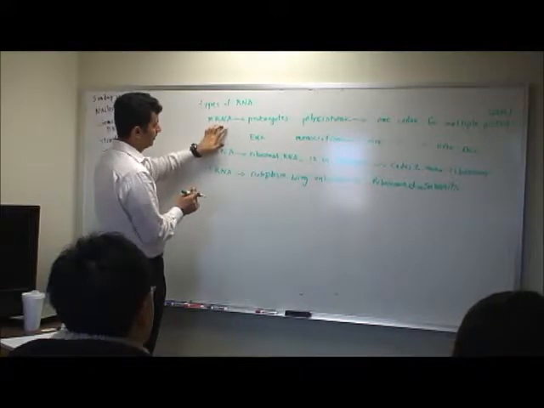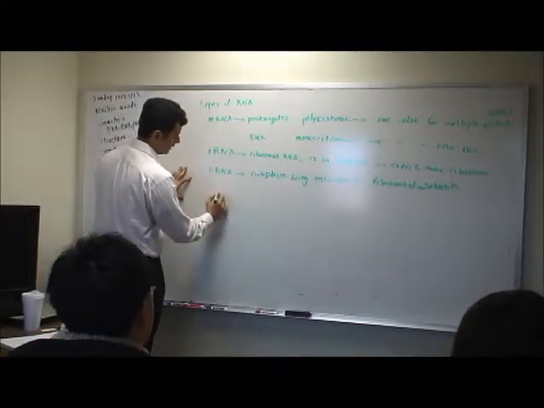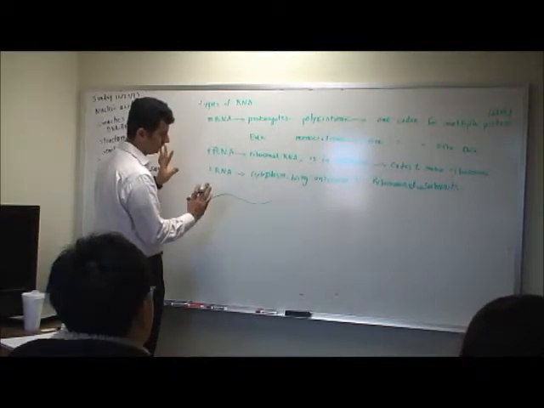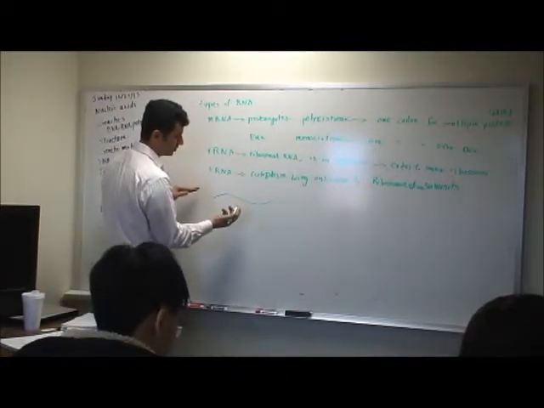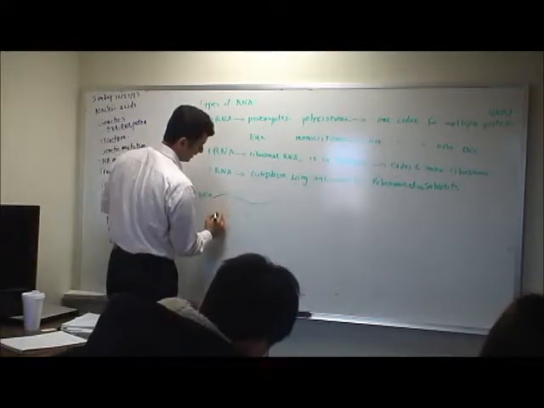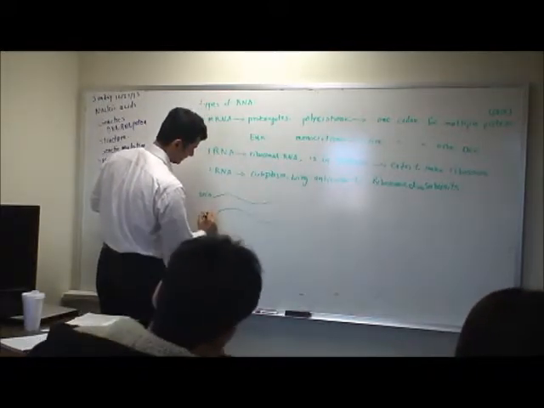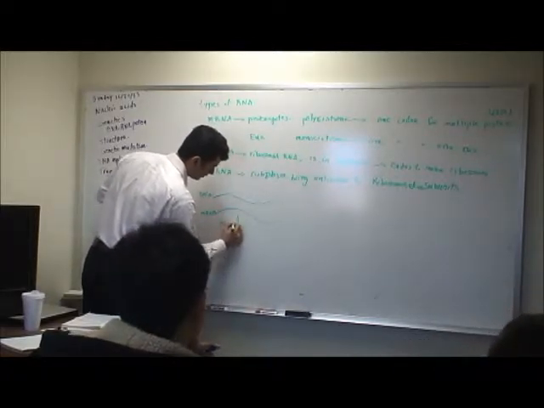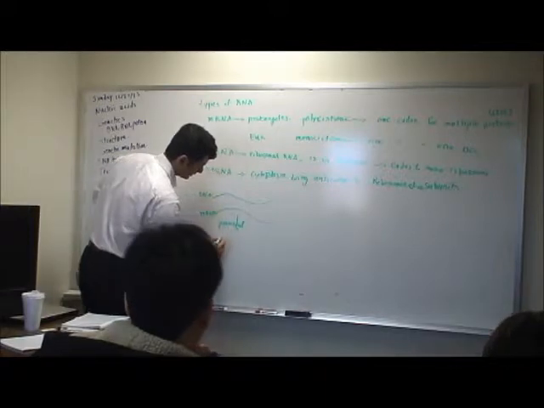We'll go over mRNA processing in a moment, but one thing I want you to know: we're done with replication, and we're about to go to transcription. If this is DNA, you make mRNA from this, and you process it. You take the introns out, so mRNA has exons and introns.